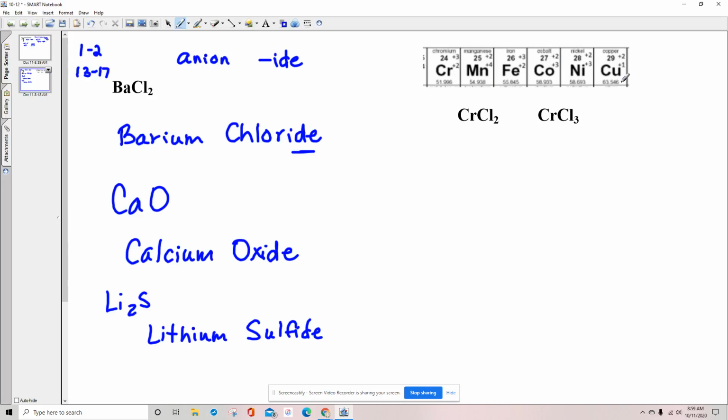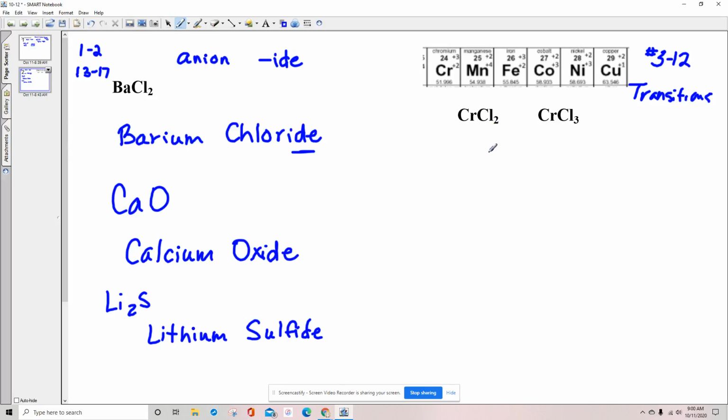When you get over here, these are in columns number 3 through 12, and these are the transition metals. So when you get to the transitions, it's a little bit trickier. Because if you notice, when you pull up the periodic table of charges, you'll see it's got charges inside the boxes, and the charges can be different. So we have to figure out which one we're talking about. So it's kind of like working backwards with the crisscross. So this one right here is chromium and chlorine.